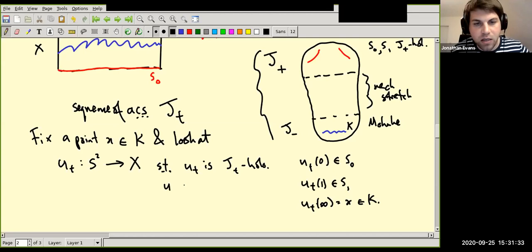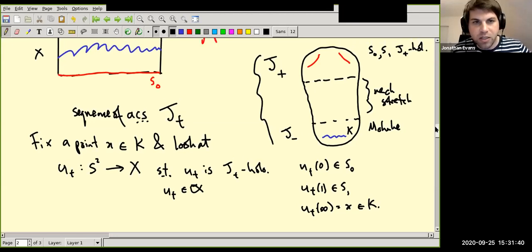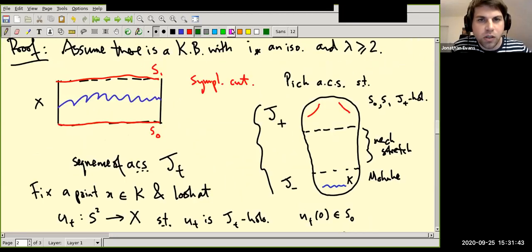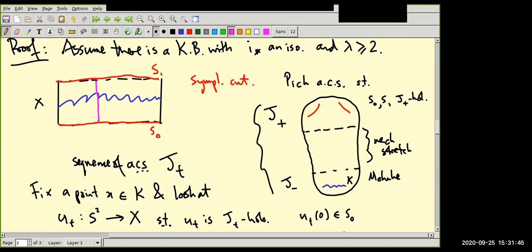So, and U_T, I guess, lives in the homology class, which maybe I should call alpha. Which homology class is it? It's this vertical one. Okay, so this is my U_T.